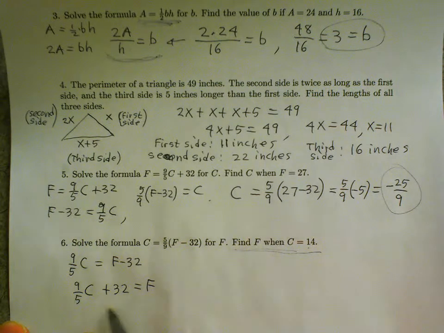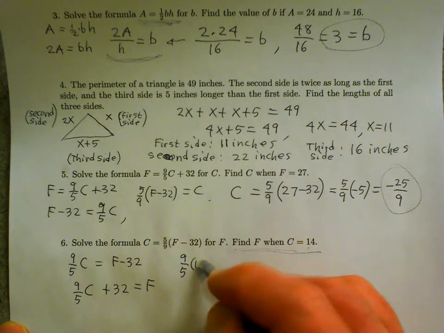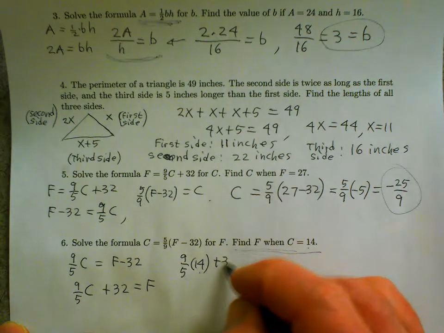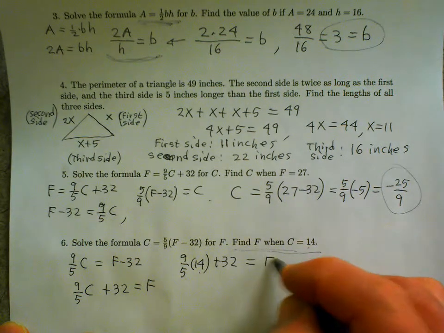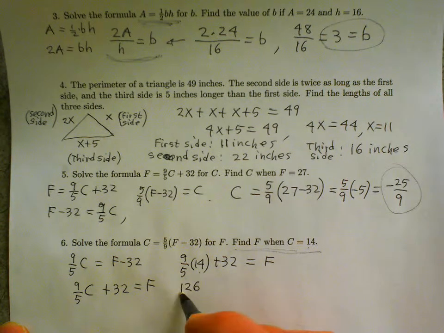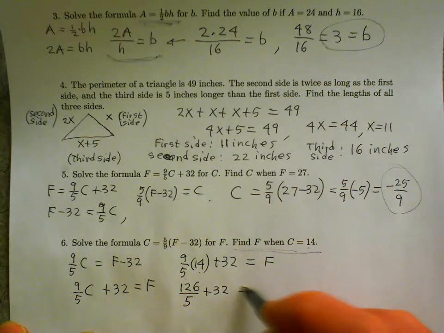So let's use the bottom equation. 9/5 times 14 plus 32 equals F. 9 times 14 is 126. So 126 divided by 5 plus 32, and that's equal to F.